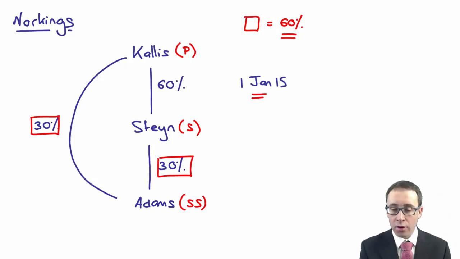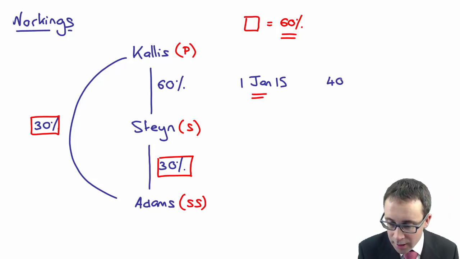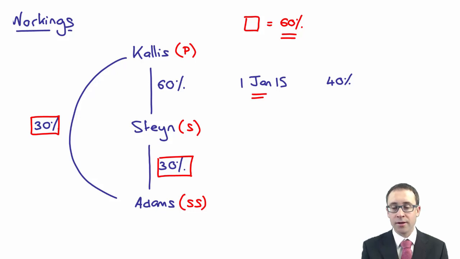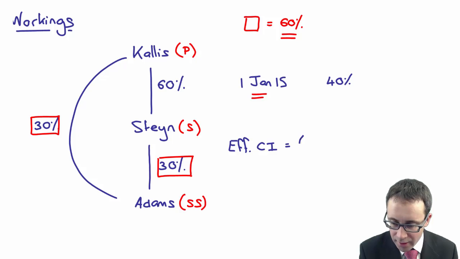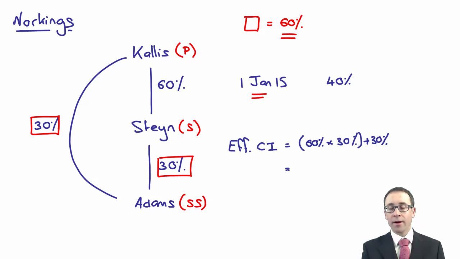In terms of the level of the non-controlling interest, well, here it's clearly 40% in the sub, isn't it? If you're looking at the subsidiary, well, we need to work out, first of all, the effective controlling interest, don't we? So what we have there is we multiply down the spine, 60% times 30, and then don't forget to add on the 30 as well.